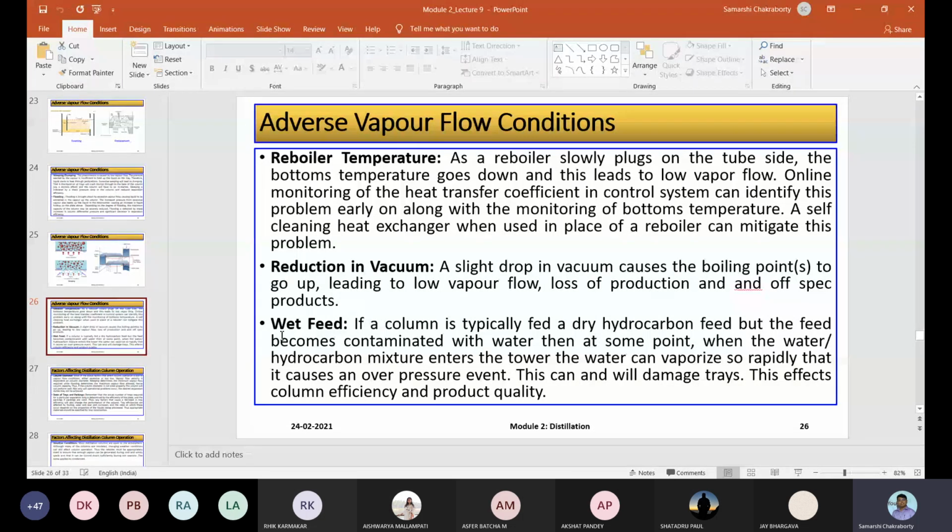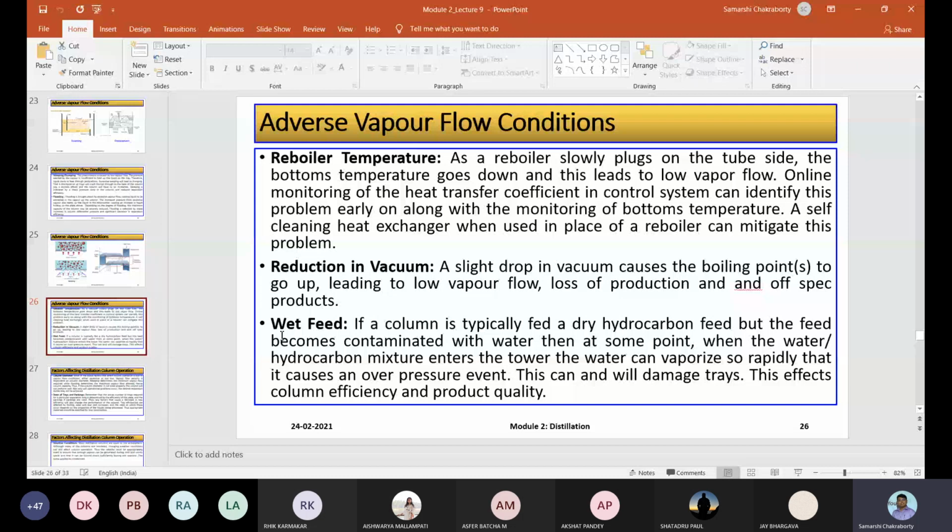This leads to low vapor flow. Online monitoring of the heat transfer coefficient in a control system can identify this problem early on, along with monitoring the bottom temperature. And a self cleaning heat exchanger, when used in place of a reboiler, can mitigate this problem.